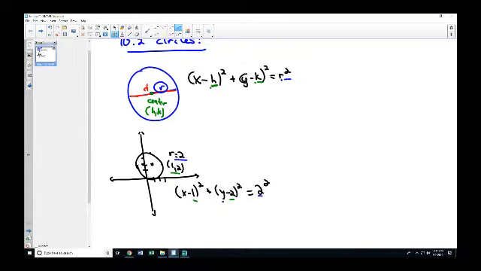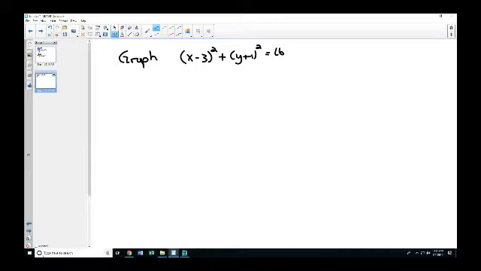Don't worry about graph paper right now, but of course on your work assignments you'll want some. What's the radius? So x minus 3 squared plus y plus 1 squared equals 16.